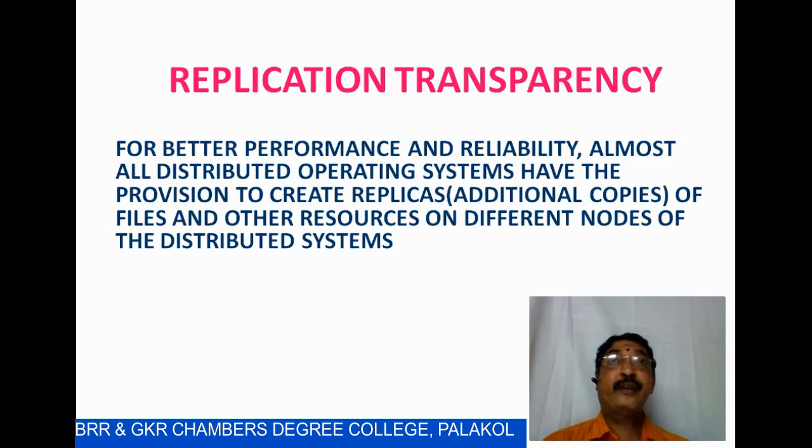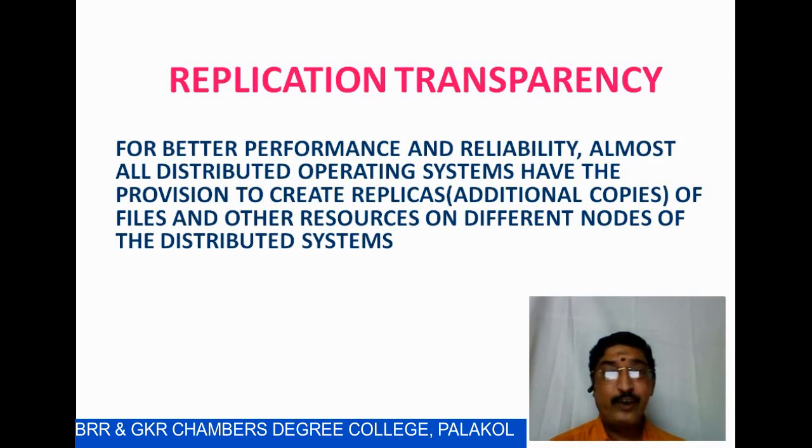If data on a node is removed or deleted accidentally, the same copies are available on another machine. That's why replication is explained here: for better performance and reliability, almost all distributed operating systems have the provision to create replicas, that means additional copies of files and other resources on different nodes of the distributed system.